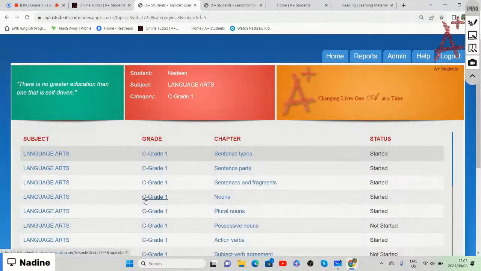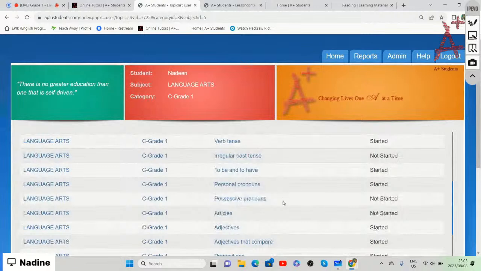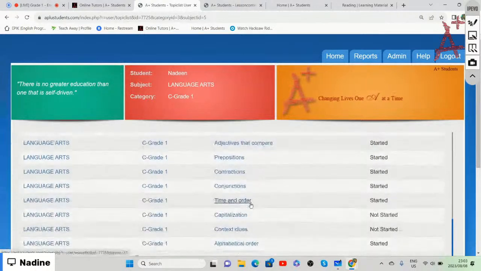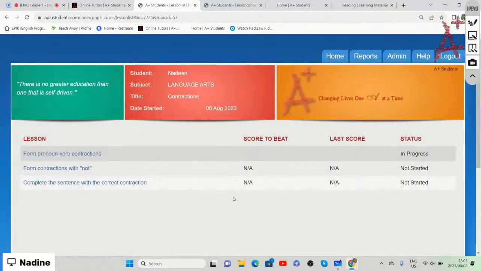Once we have selected the subject of language arts, grade 1, we're going to scroll down until we get to the chapter of contractions. So we're going to click on contractions.